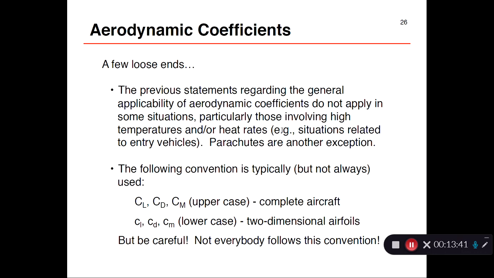So in some situations, for example, when you have high temperature or high heat rates or parachutes, definitions somehow differ, but we are going to stay away from this. We're going to be talking about aircraft-like vehicles. So this is a pretty good convention that we could use. So we have concluded the section on the forces and moments on the aircraft.